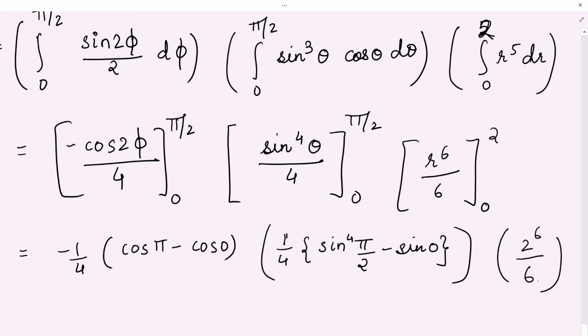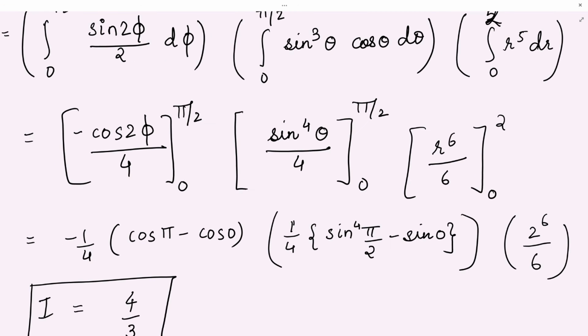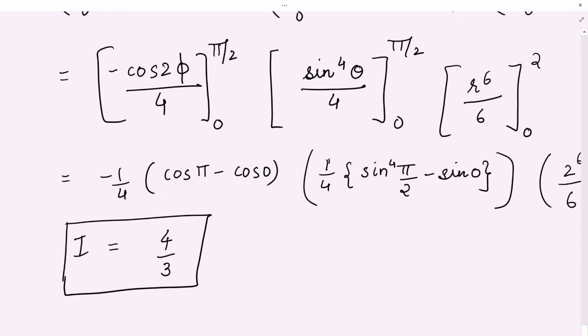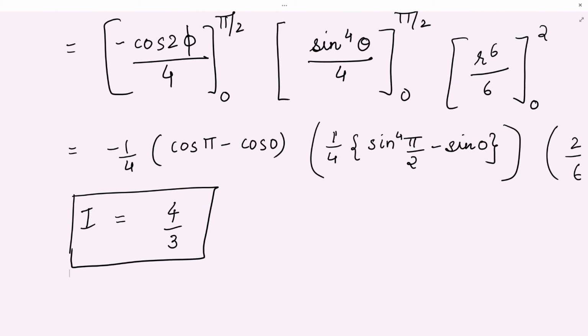So after simplifying, cos pi will be minus 1, and this minus 1 minus 2. 2 will get cancelled. You will be left with this 2. This 2 will get cancelled with this 1 2. Okay. And this 4 will get cancelled. So you are just left with 4 over here. So my final answer for integration will be 4 by 3. You can check after simplification whether you are getting this as your final answer. Okay.